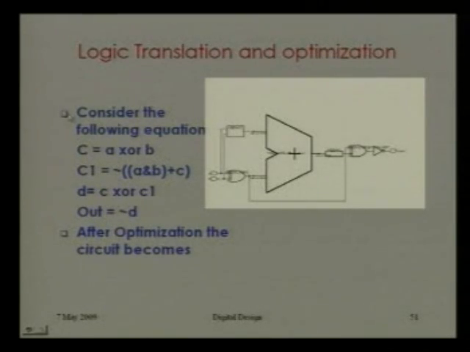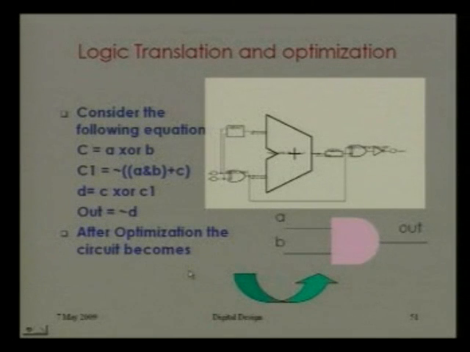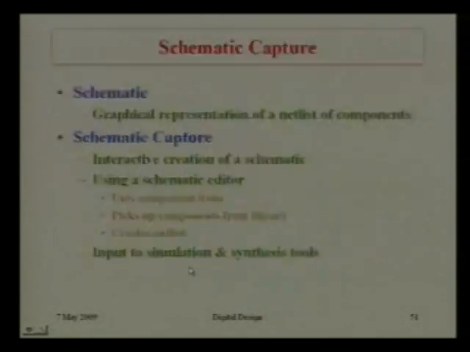So consider the following equation, say C and C1, this type of logic, and after optimization you will be getting this type of circuit. It is nothing but an AND gate. Okay, probably you have done so many things, C, D, C1, D equal to C, out D, then you are seeing that it is nothing but a 2-input AND gate. Okay. So tools are like that.